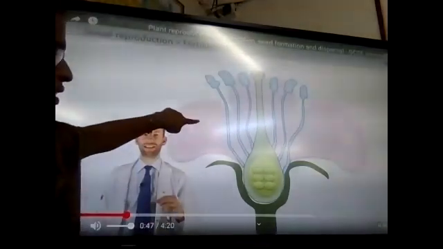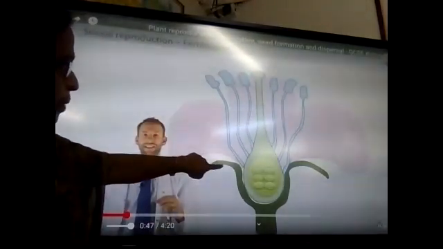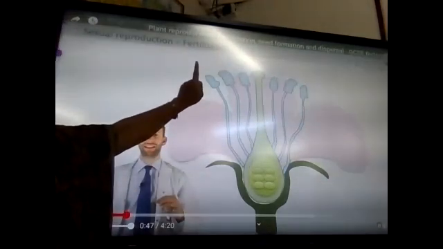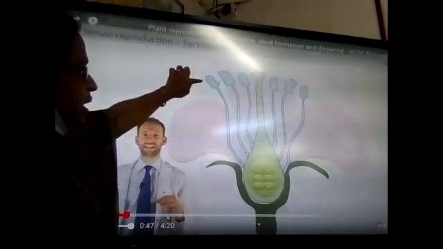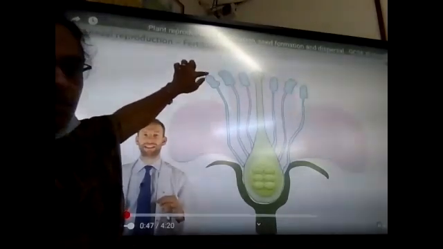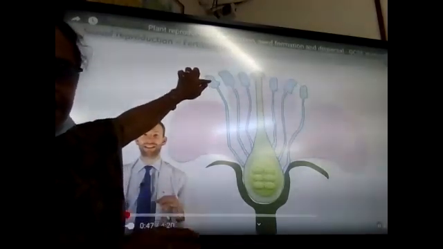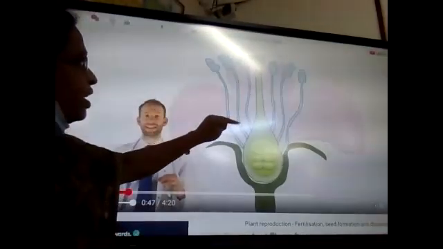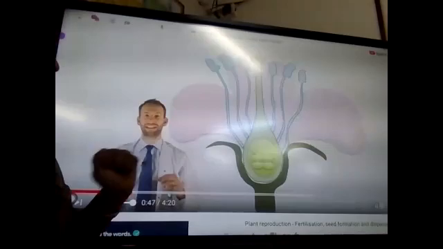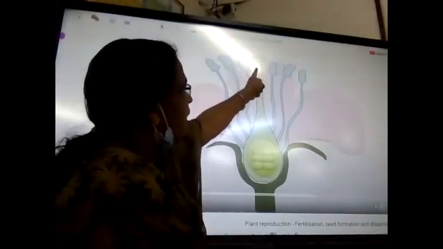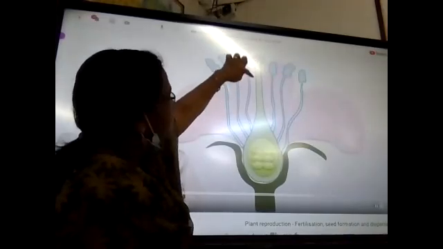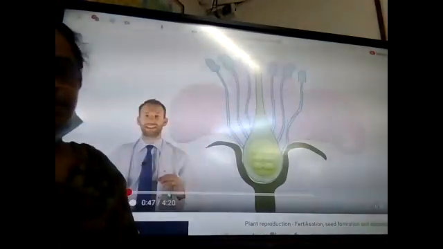So you can see the petal, sepal, and this is which part, male or female? Male. Male part of the flower, and this is the anther in which the pollen, the male sex cell, is produced, and this is the filament which is holding the anther. Then the female part is this one: style, stigma, and ovary.